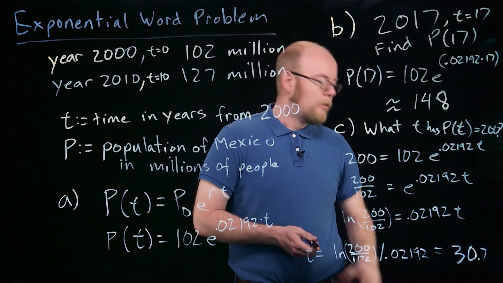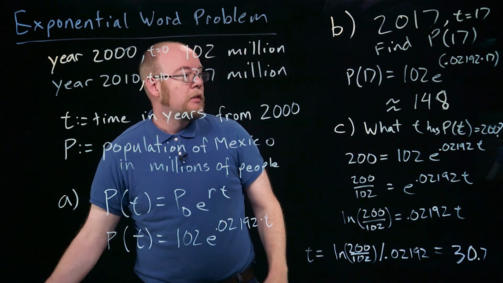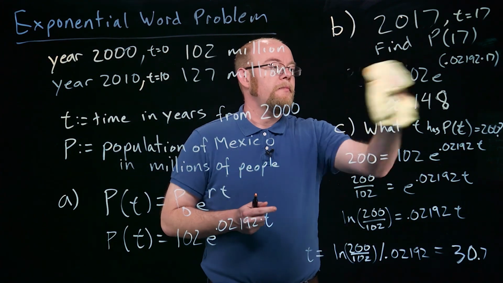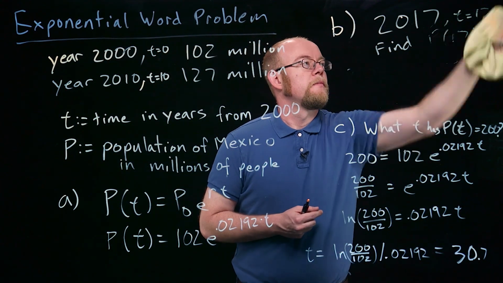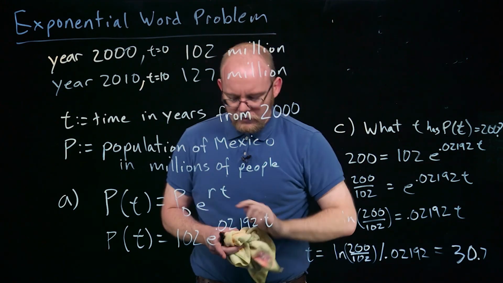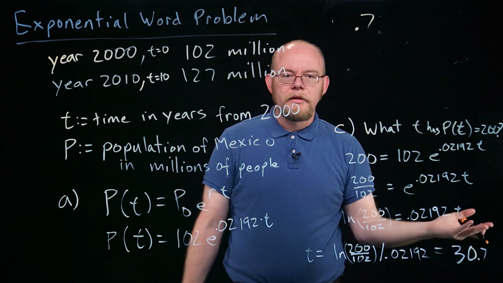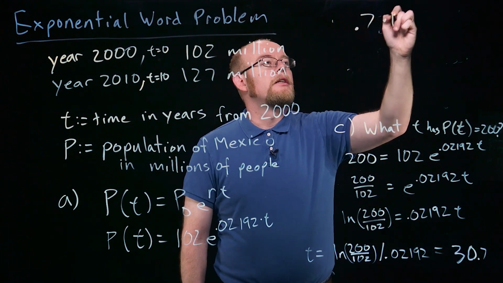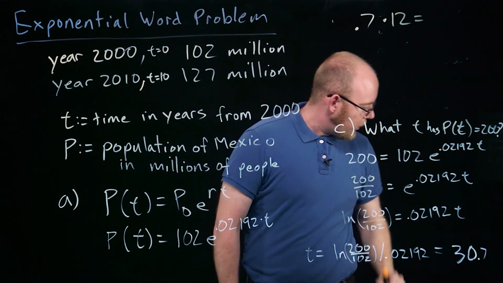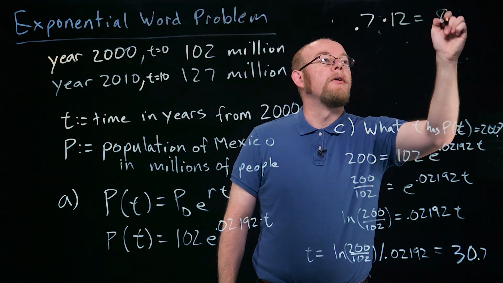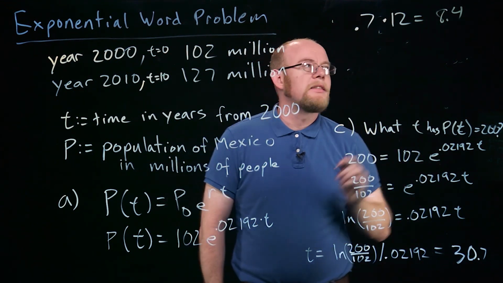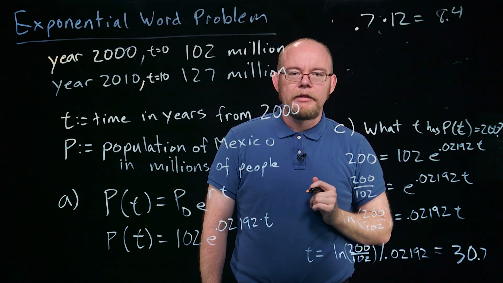So if we wanted to be a little more accurate, even down to the month, what we could do is take 0.7, so it's 30 years and then 7/10 of a year. A year is 12 months. We multiply that by 12. We get 8.4. And so what that tells us is that it's in the 8th month of the year.